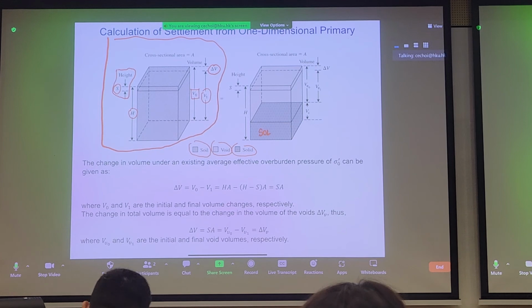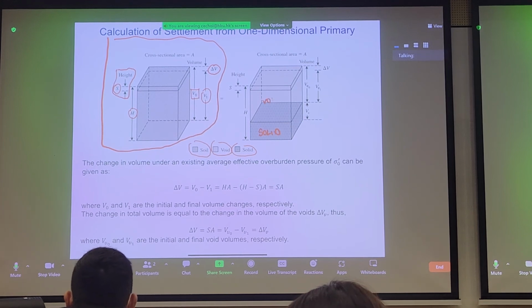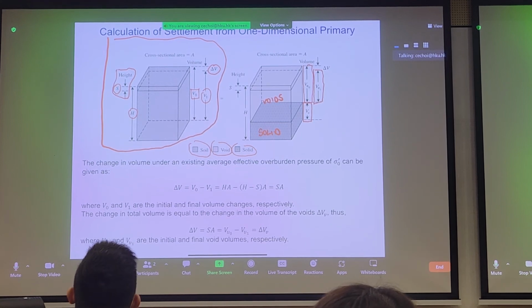So our solids are here, and the voids are up here. And the total height should still be H. We still have settlement S, but we've dissected this into volume of solids, volume of voids initially, and volume of voids after compression. Because with compression, the only thing that's changing is your voids. You're not really compressing your solid elements.